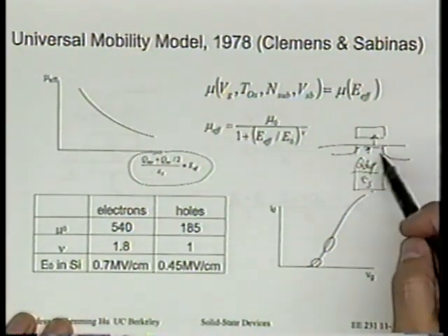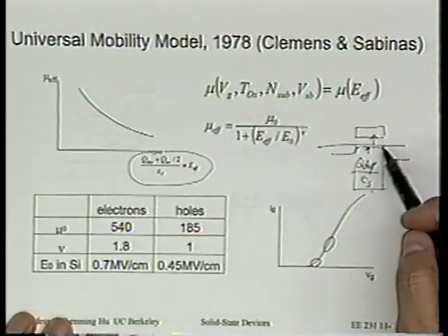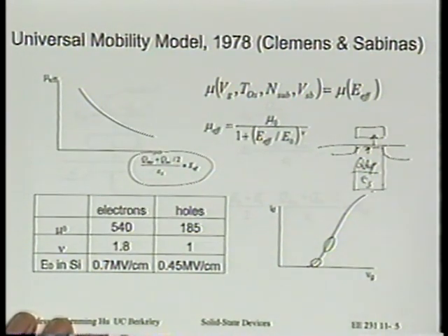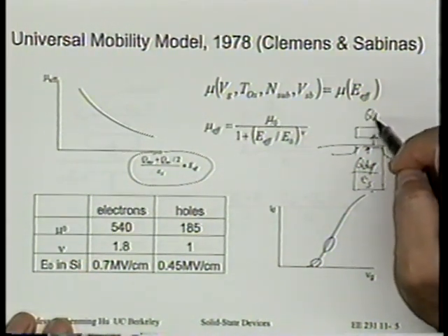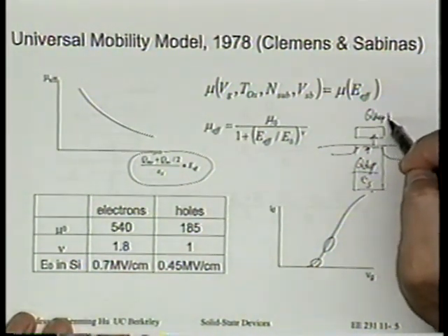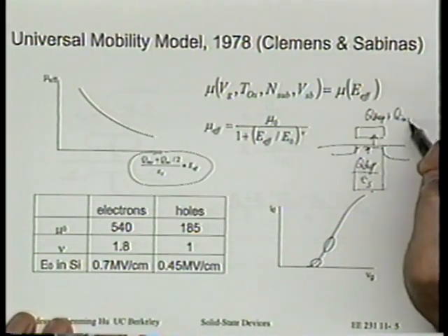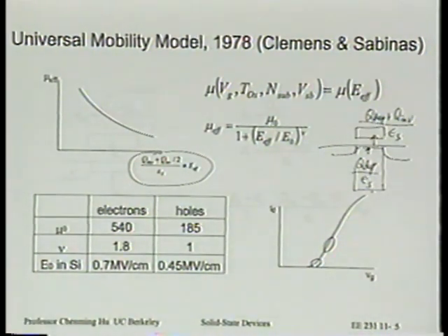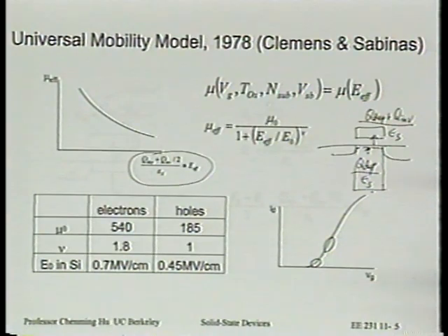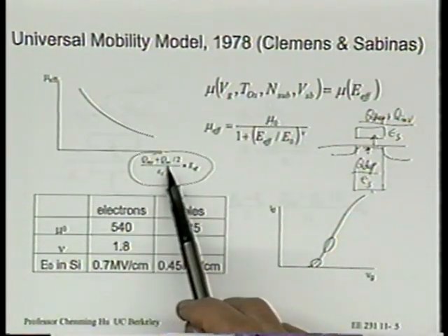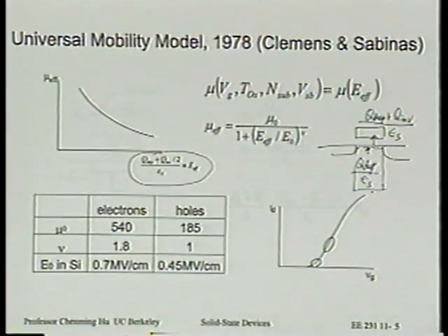Of course, we just move the top boundary of the Gauss box a little bit more to enclose the inversion layer itself. So that would be the charge in the new Gauss box, which is Q depletion plus Q inversion, divided by epsilon s. Do you agree? And if you add the two together and take the average, you get Q depletion plus 1/2 of Q inversion over epsilon s. Do you agree? All right?